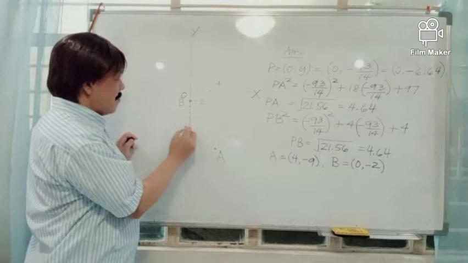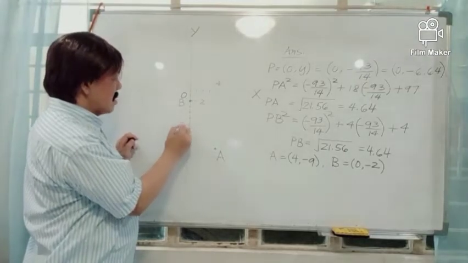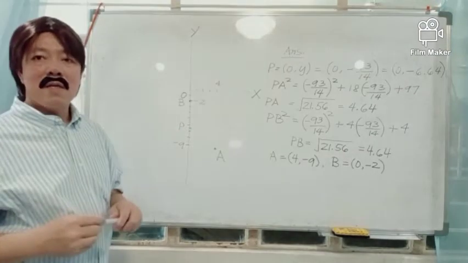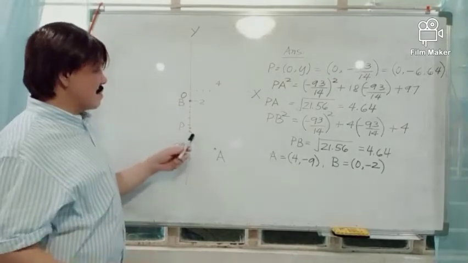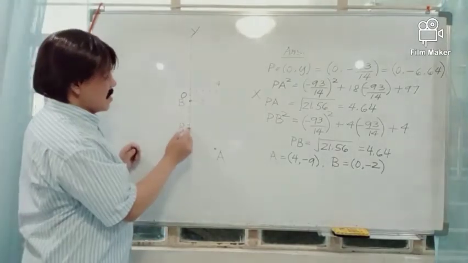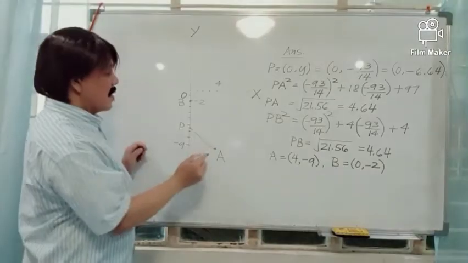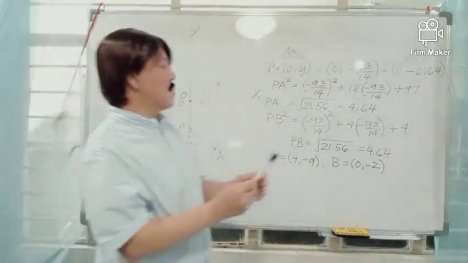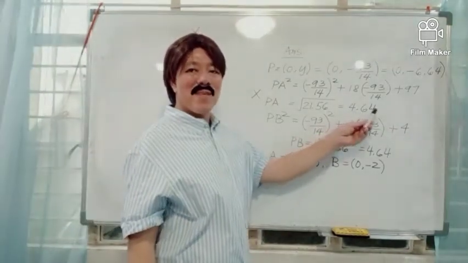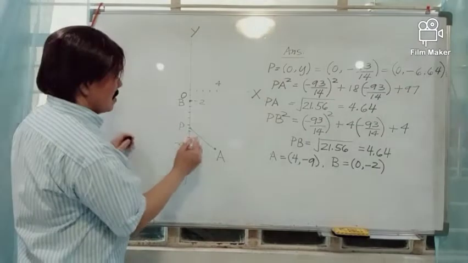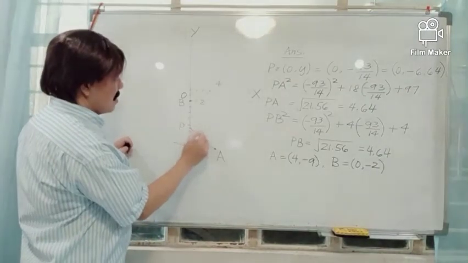This is the point P on the vertical axis. And the distance of point P from point A we have shown is 4.64 units. This is 4.64 units.